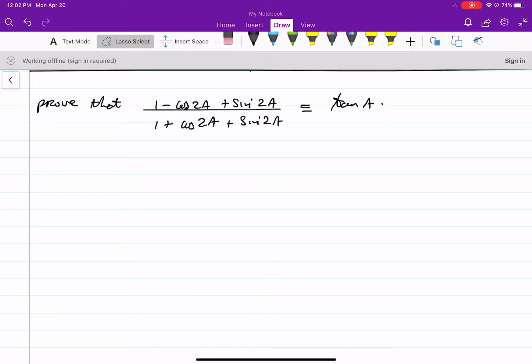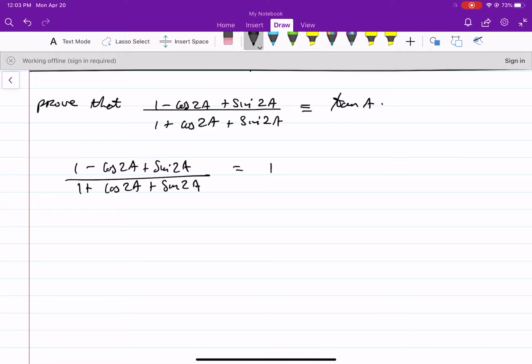The one I'm going to choose is, well, I'll choose the one in which the 1 will cancel out with the 1 on the outside. So here's what I mean. I'll take the left-hand side, which is, I'll write it back first. 1 minus cos 2a plus sine 2a all upon 1 plus cos 2a plus sine 2a.